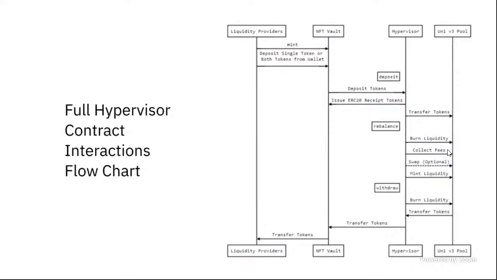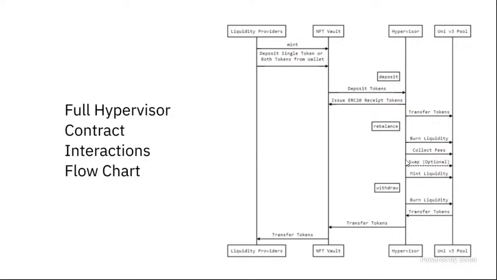This makes sure that all of the assets that were deployed into the Uniswap V3 pool, and the fees that have been earned, are collected back into the hypervisor contract in order to both rebalance, remove the changes, but also automatically compound the fees that have been collected.